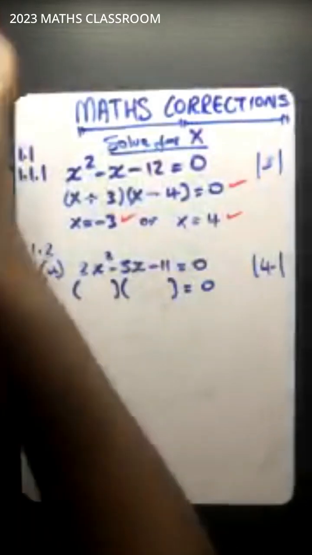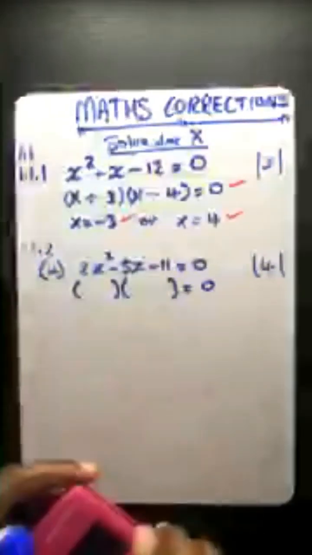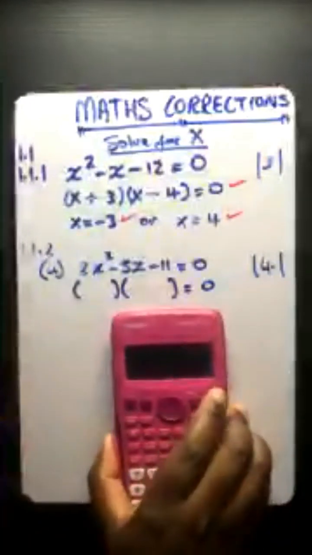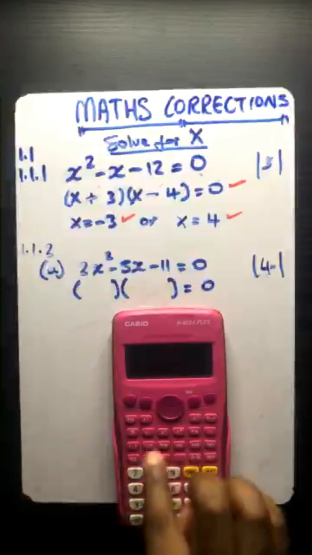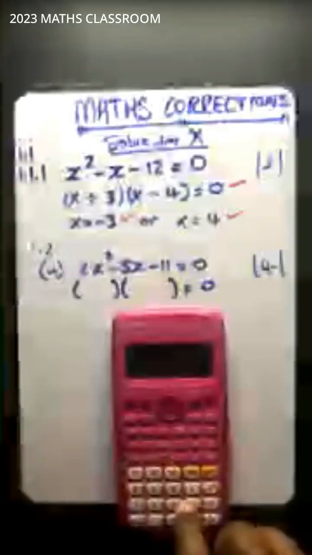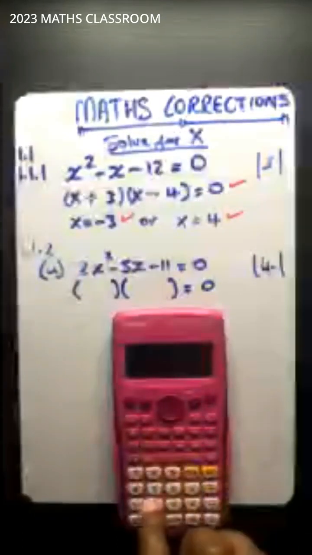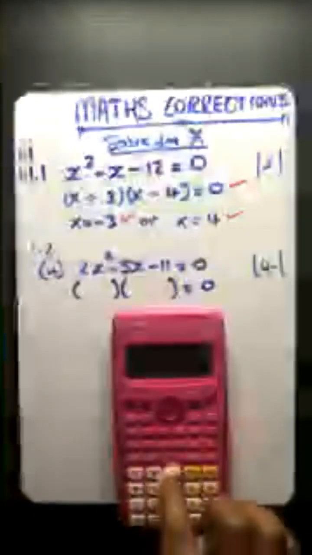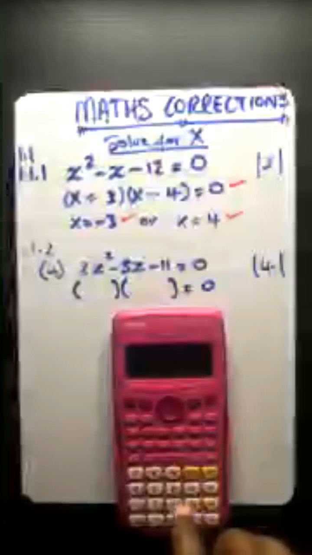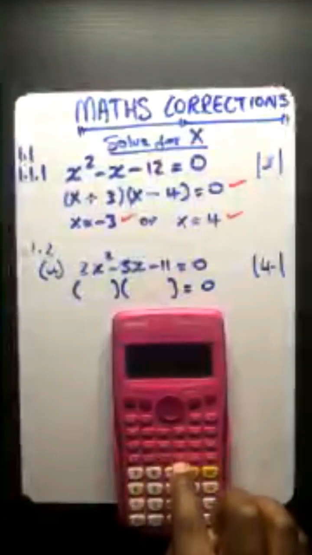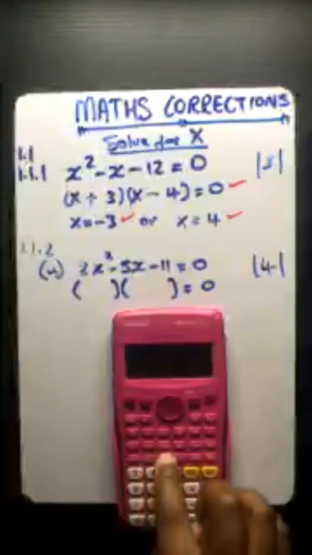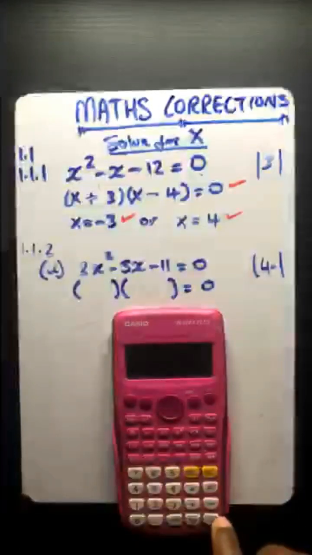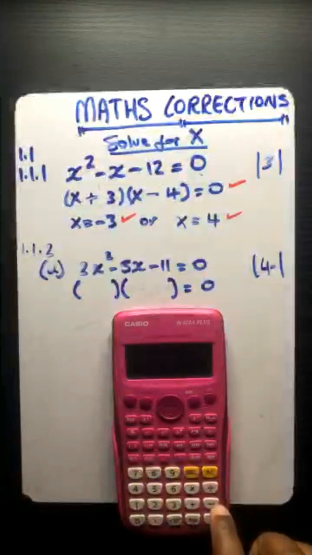Most importantly, you don't really need to write out the quadratic formula, but what you can do is punch it on a calculator. You say over, and then negative b, it's negative 5 plus square root of b, it's negative 5 squared, minus 4 times a, which is 2, times c, which is negative 11, close, over 2 times a, our a is 2. Then I'm getting that.